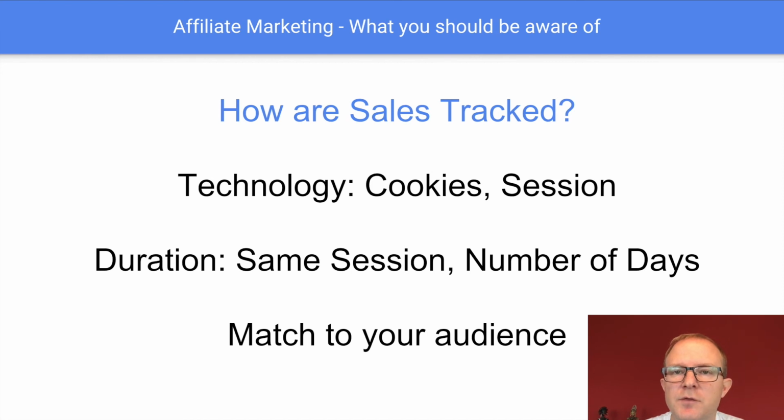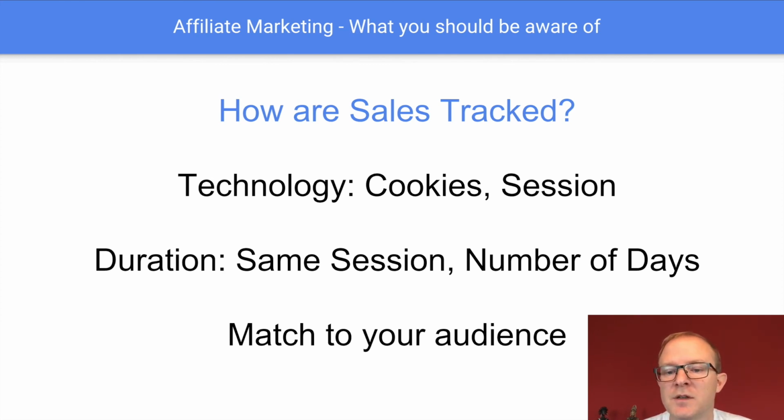Cookies are little pieces of information that are downloaded onto your computer when you first visit a page, and then they can live for a certain while. This is the technology that many affiliate programs use to track that you came from, for instance, my blog, and bought something on their website.